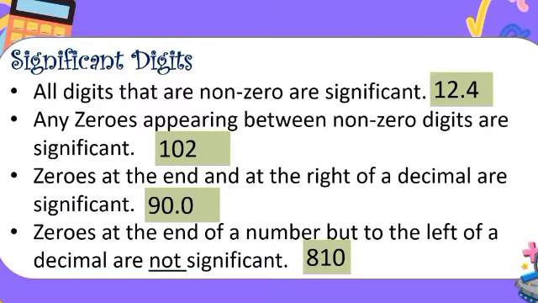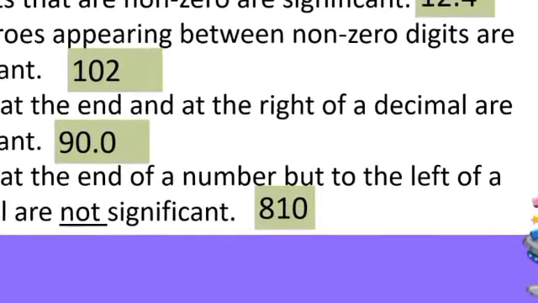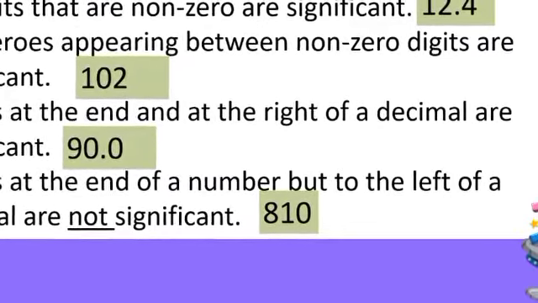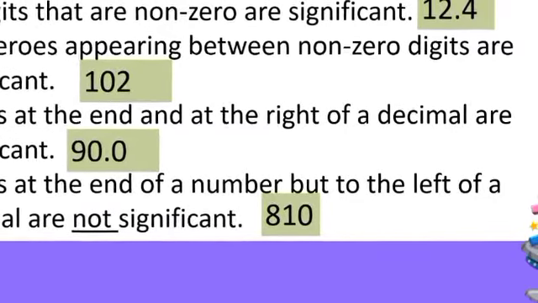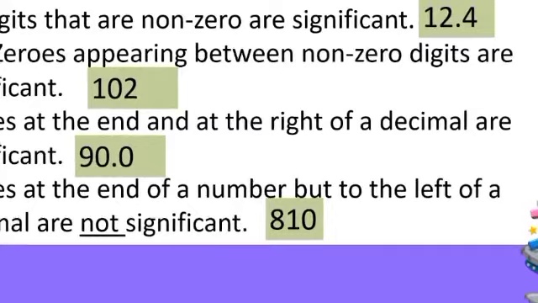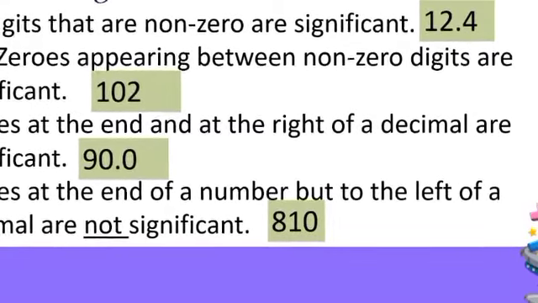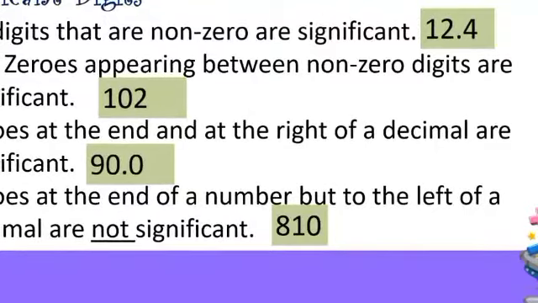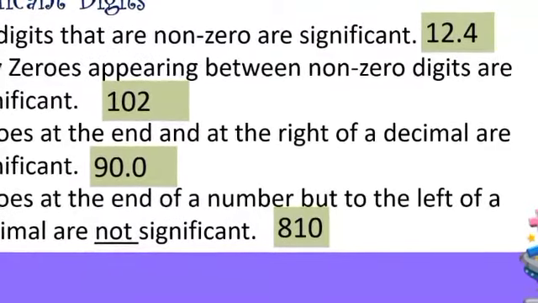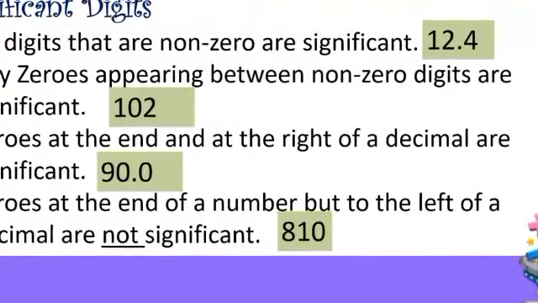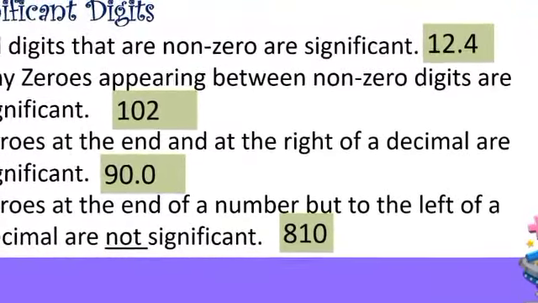So, ano pa yung mga examples? Ito naman sa dulo, ano yung kaibahan niya dito? So, zeros at the end of a number but to the left of a decimal. Diba, alam naman natin yung mga whole number, ang decimal nila ay nasa dulo. So, dito, yung 810, ang masasabi lang natin na significant digit dito is 8 and 1. Yung 0 sa 810 is not a significant digit.